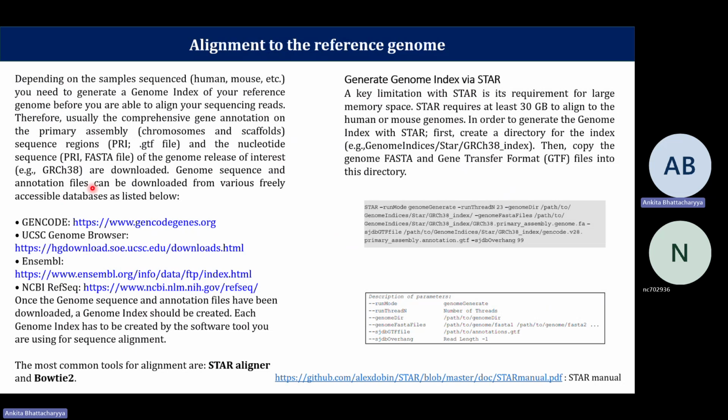If you look here, you'll see these are different sources from which you can get the human genome sequence and the annotation files: GENCODE, UCSC Genome Browser, Ensembl, NCBI RefSeq, etc. I would recommend you go for GENCODE. You'll get the most recent rollout, and that is what you should always take into consideration whenever you are proceeding with alignment.